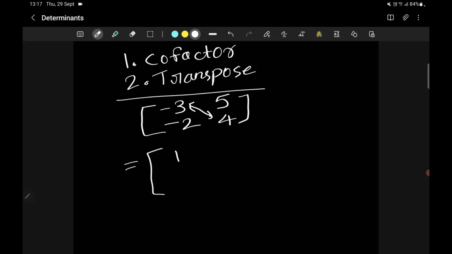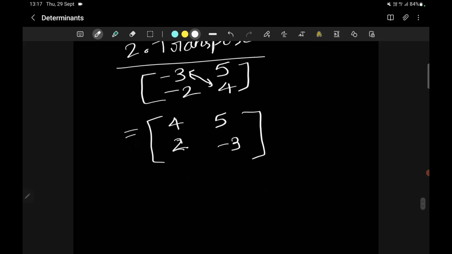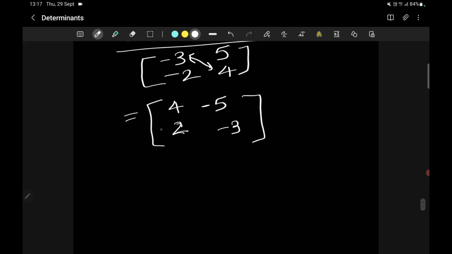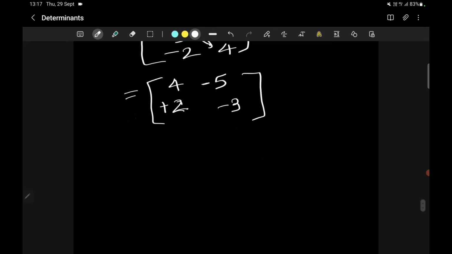In place of -3 you have to write 4, and in place of 4 you have to write -3. And you have to keep these values as they are, 5 and 2, but change their signs. If this is positive, you make it negative here, and if this is negative, you make it positive. This is how you can find the adjoint of A directly.